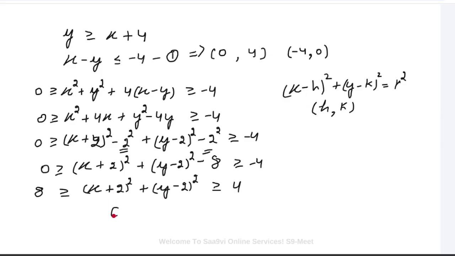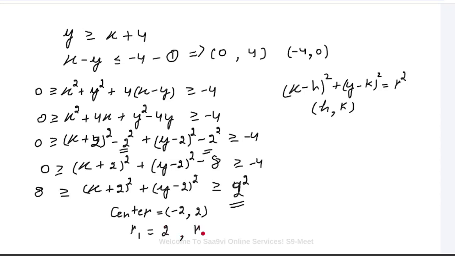The center of this circle is going to be minus 2 and plus 2. That is the center for both the circles, because when they say greater than or equal to 4, this 4 can be replaced by 2 square. So that means the radius in this particular case is 2. So we can say radius 1 is equal to 2.